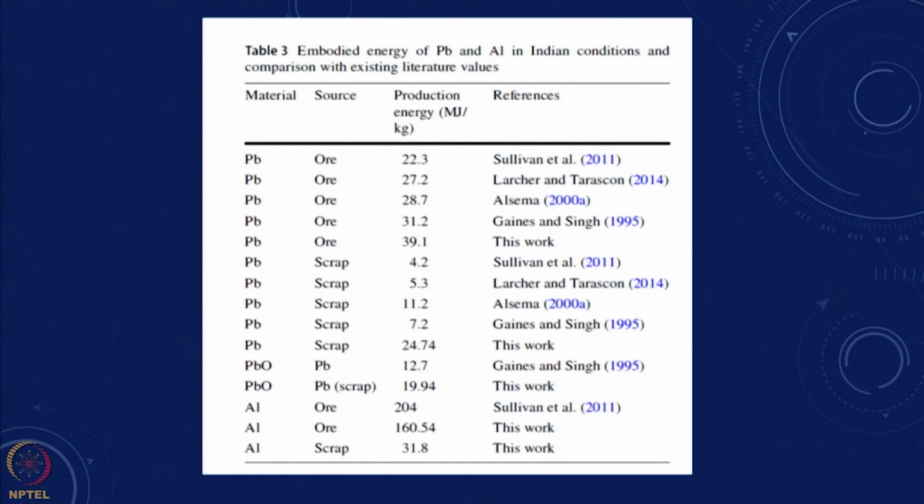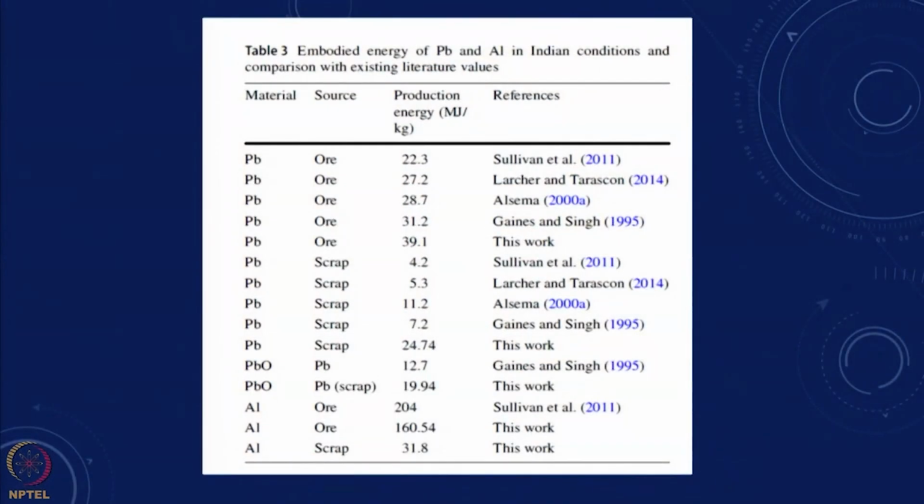And just to give you an idea, when we talk about lead or aluminum, there are a variety of different sources which give the amount of energy per kg. So you can see here what is known as virgin lead.